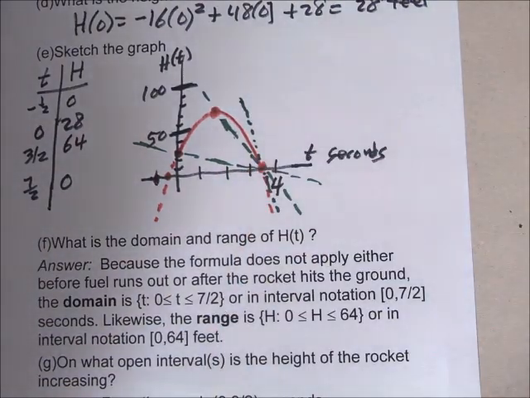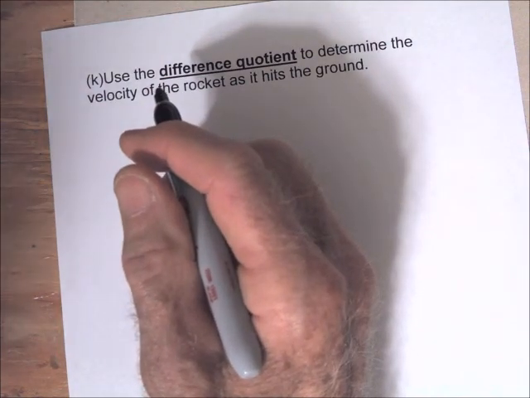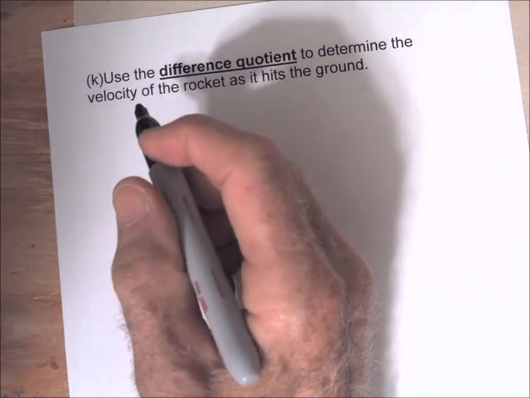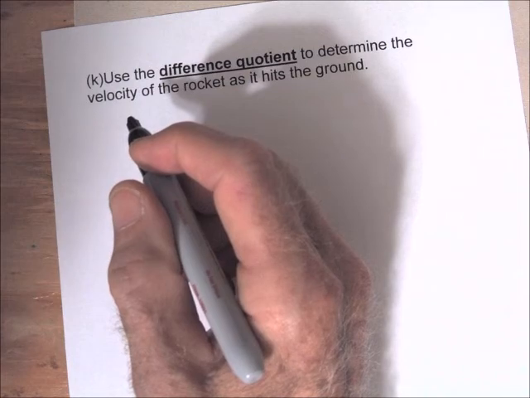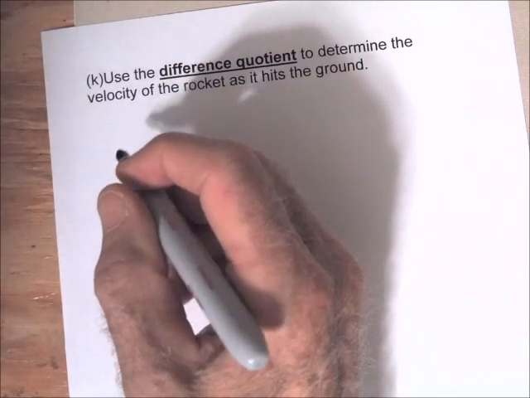So we want the slope of the tangent line, and we can use the difference quotient to compute that. There's a formula that we were working with. It's based on the same formula of the slope we were working with before, but it looks a little bit different.